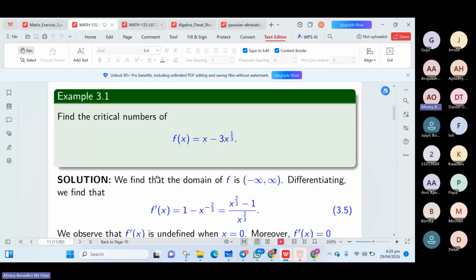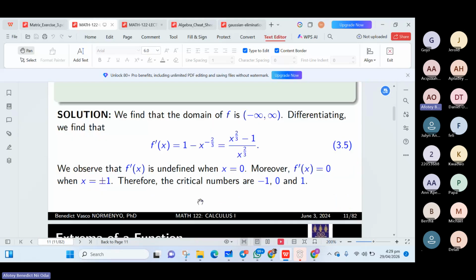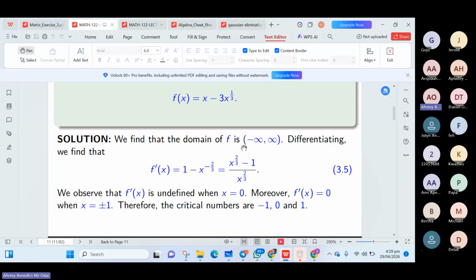So we are given this question and we are being asked to find the critical numbers of this. So the first step that we do is to find the differential of the function. And we got this expression. The reason why we wrote the differential in this form is so that we can easily get the value that makes the function undefined.